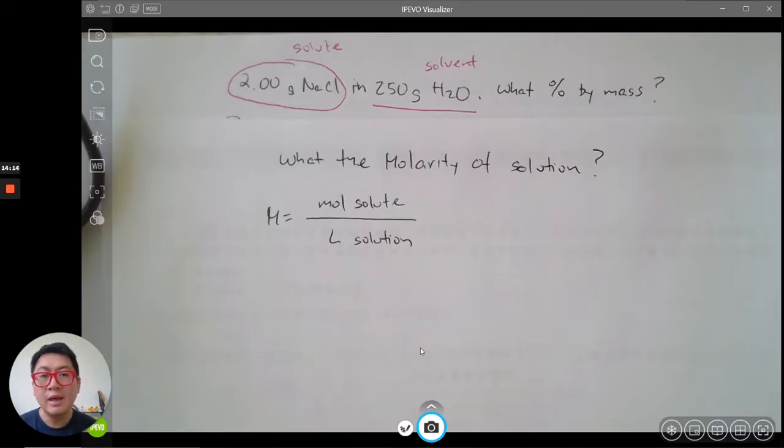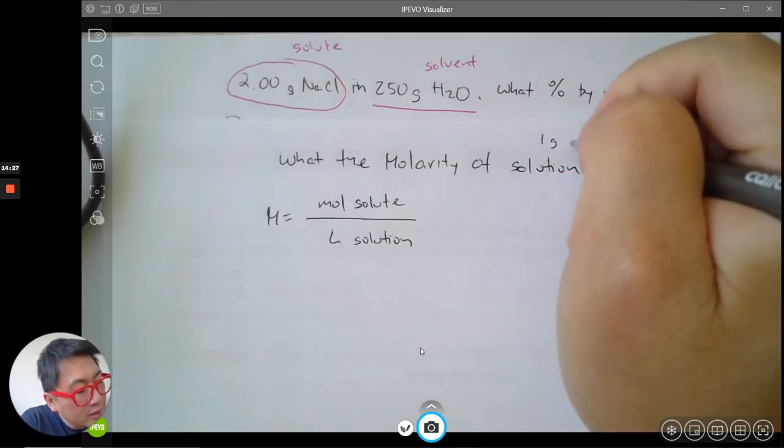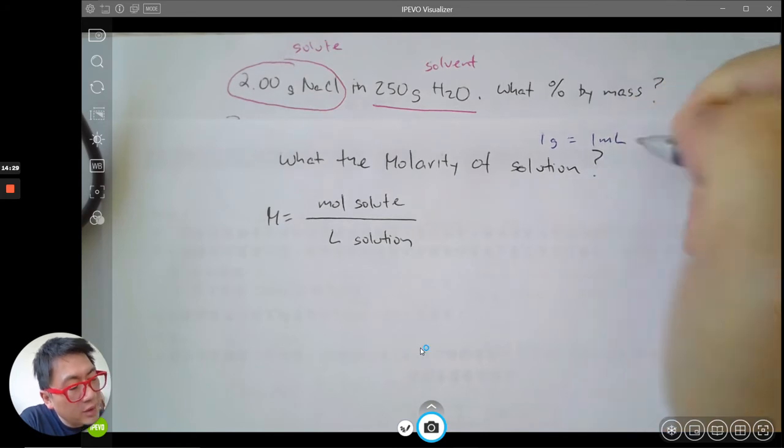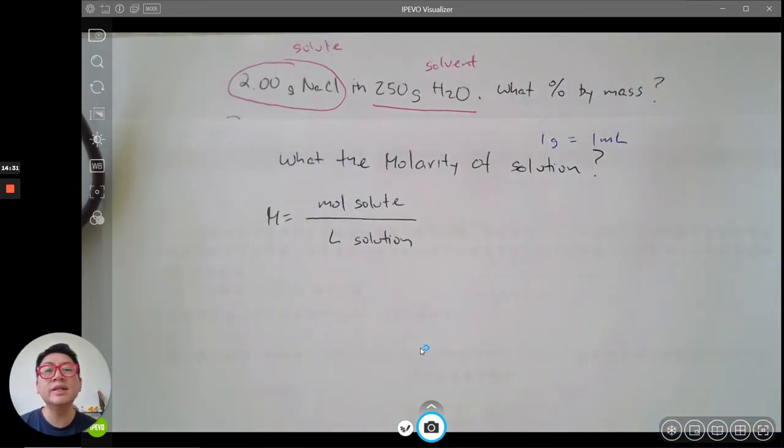Okay, I'm going to have to mention one thing for water. If you didn't remember, and this only technically applies to water, 1 gram of water is 1 milliliter of water. Why? The density of water is 1 gram per milliliter.